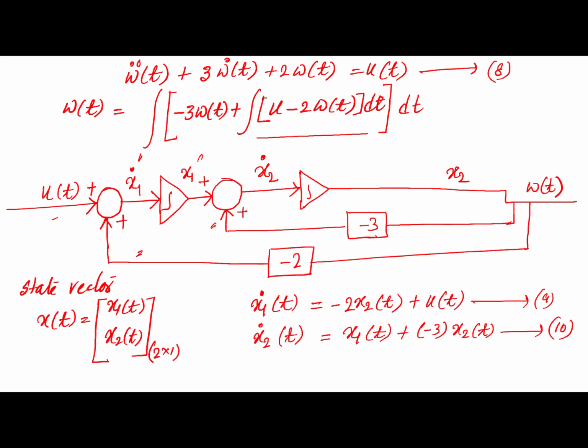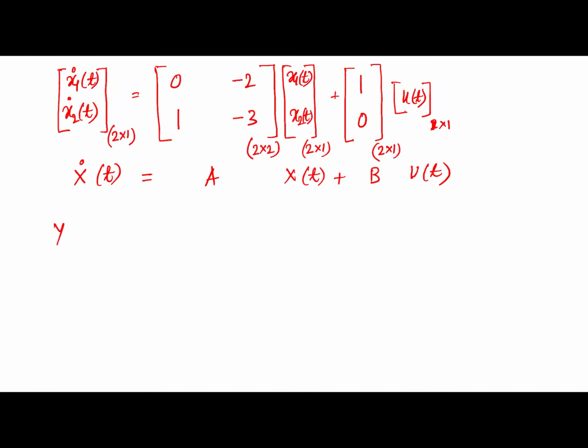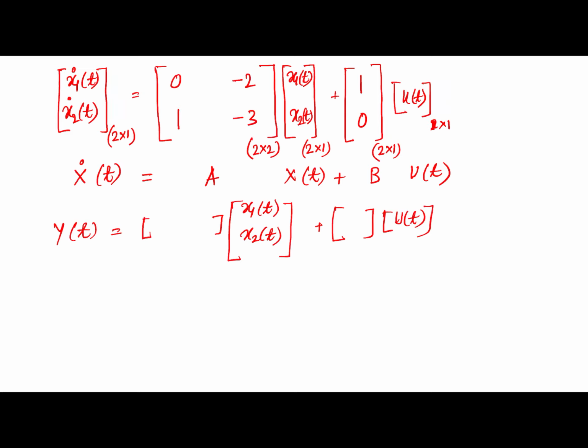Now from the state diagram, omega is the output which is equal to x2. So the output equation y(t) is zero times x1 plus 1 times x2 plus 0 times u.